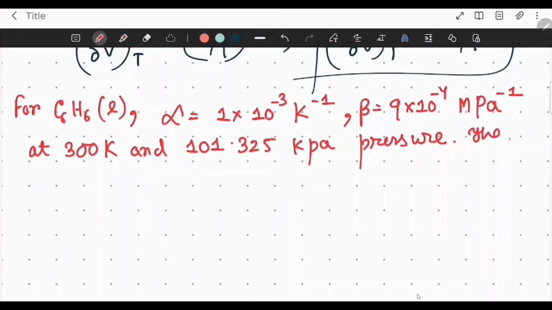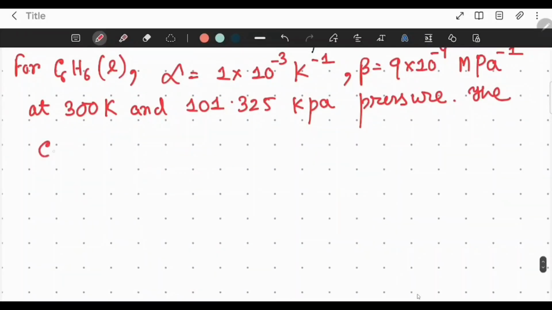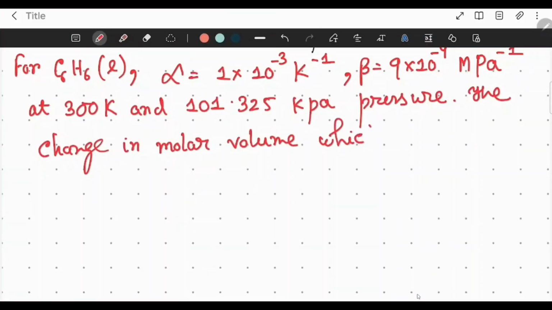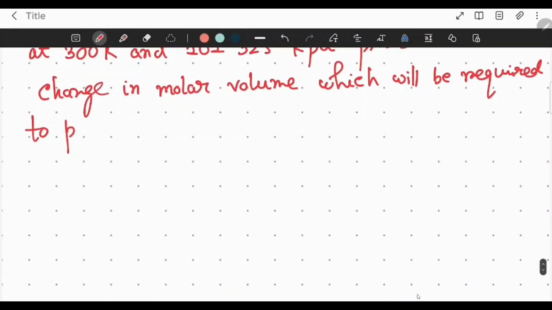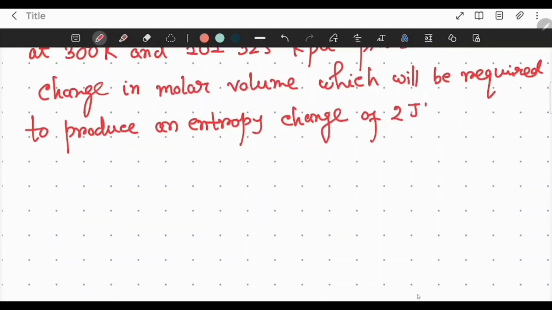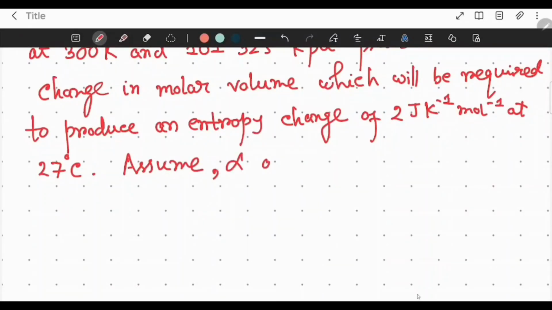Now the change in molar volume which will produce an entropy change of 2 joule Kelvin inverse mole inverse at 27 degrees centigrade, assume alpha and beta to be constant.